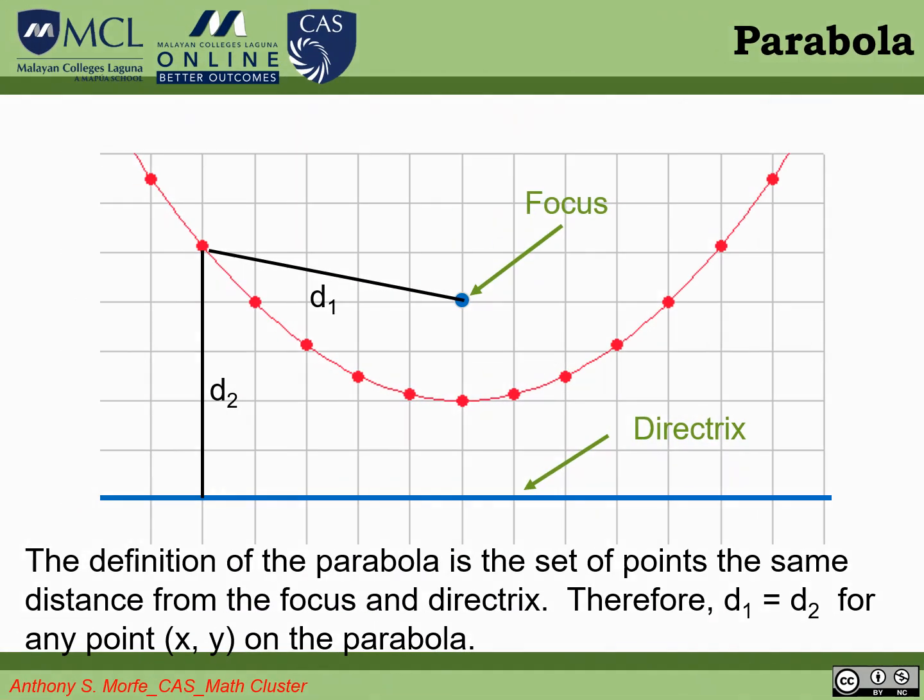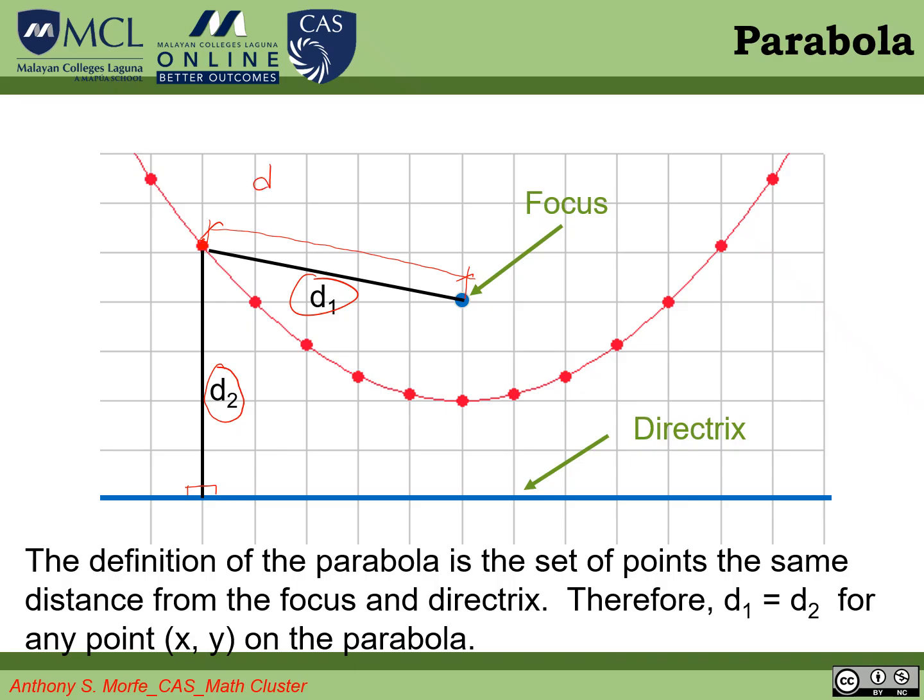As described earlier, the distance of this point from the focus, we call this distance d1, and the distance from this point to the directrix, we drop a line from this point perpendicular to the directrix, let's call this distance d2.